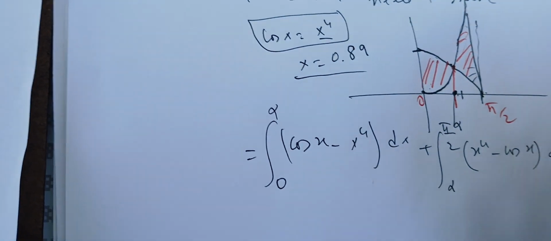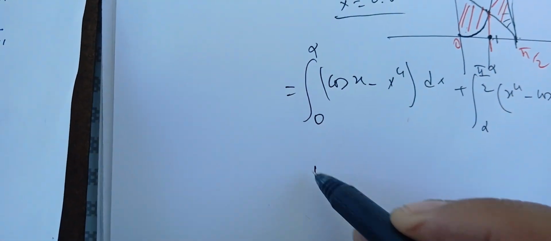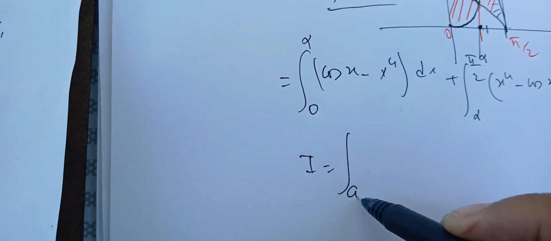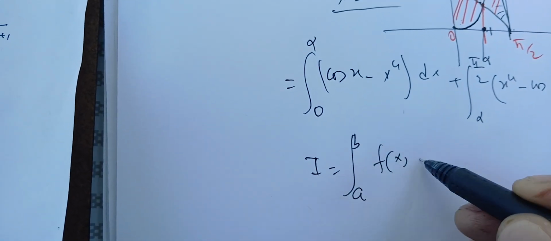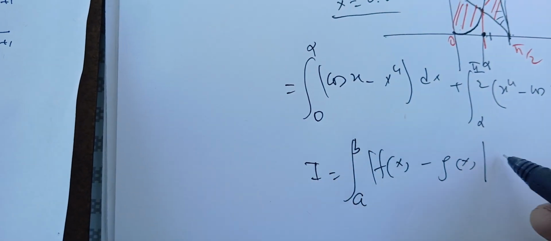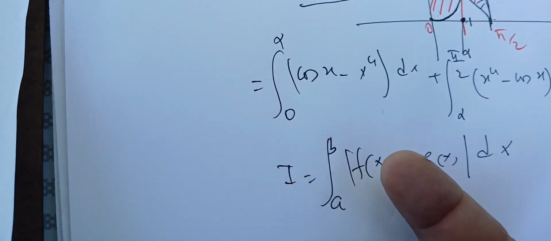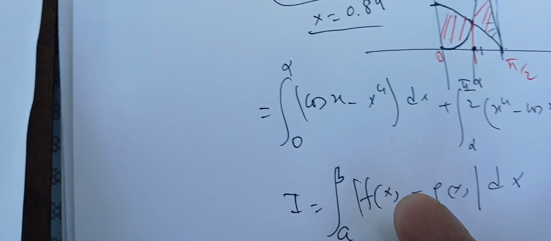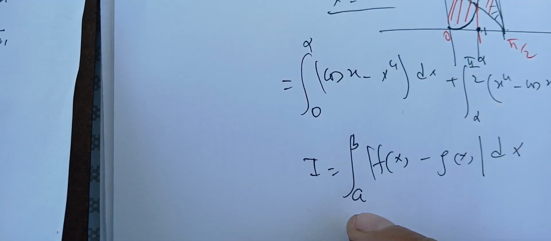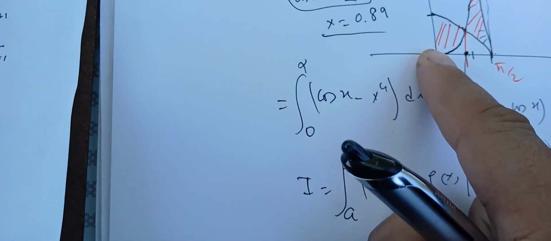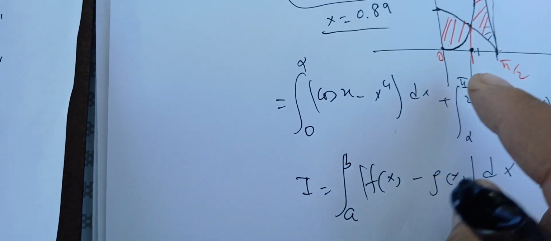And our idea here is that we are applying this rule: the area enclosed between two graphs is given by the absolute value. We did apply the absolute value here. In our case, a is 0 and b is pi over 2.